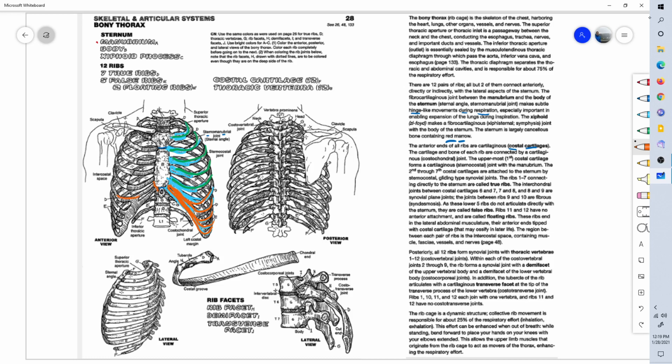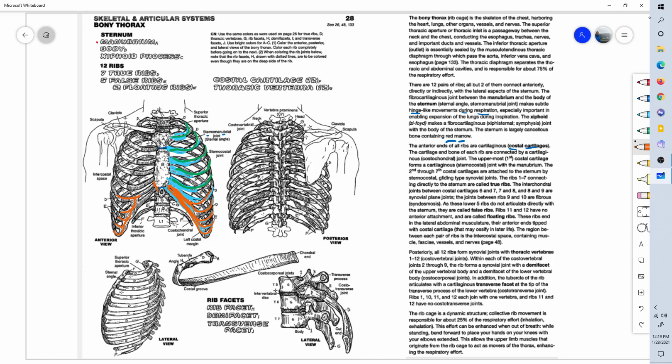And notice, here's an example of how the ribs share the cartilage right here. Ribs 6 through 10. And so let's take a closer look at the cartilage and their connections with the sternum and the manubrium.